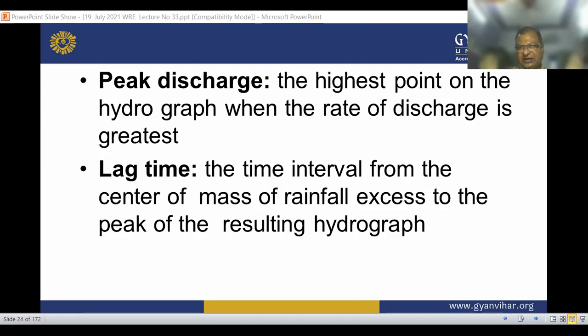Now peak discharge. The highest point on the hydrograph, when the rate of discharge is greatest, is called the peak discharge. You should know about the peak discharge.